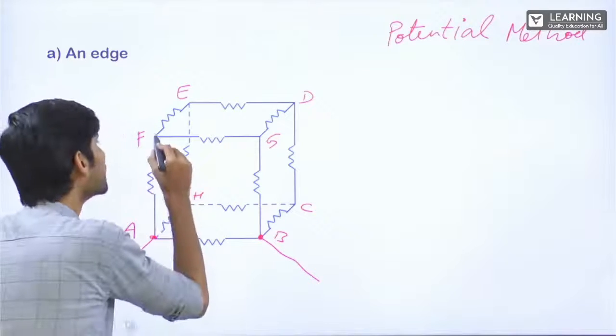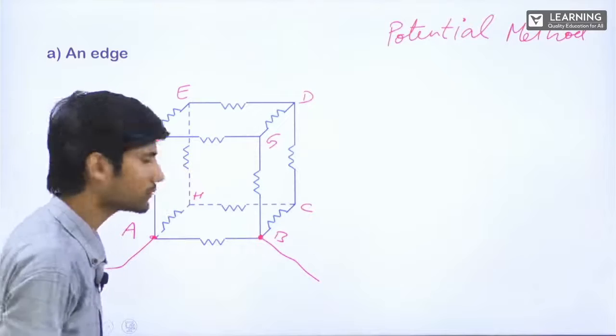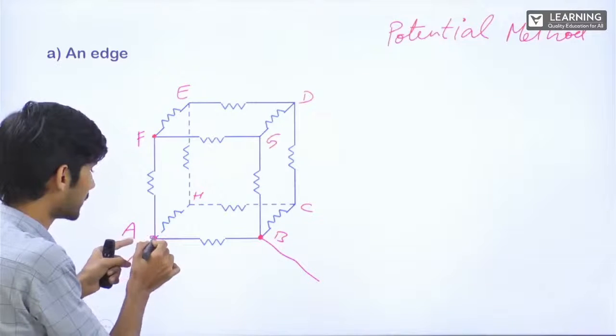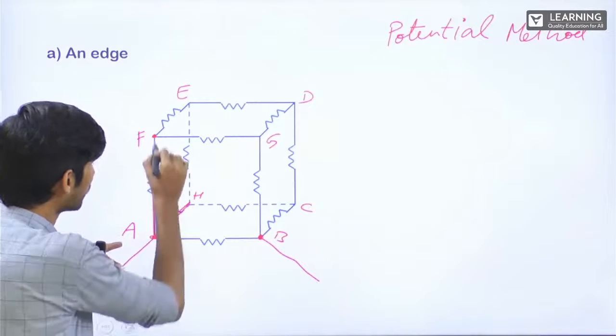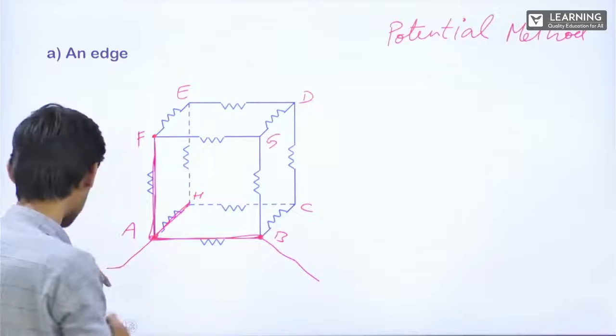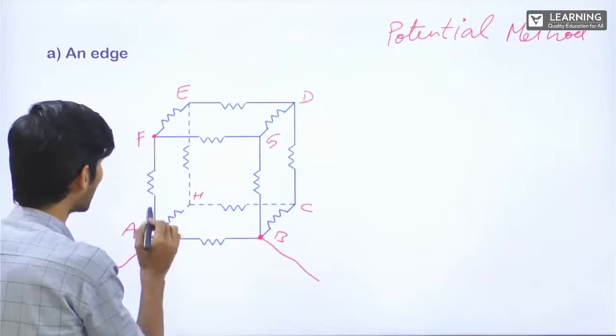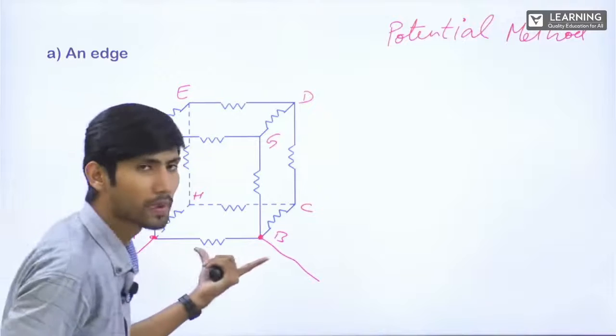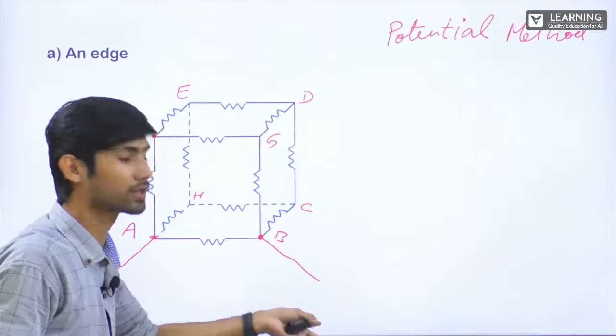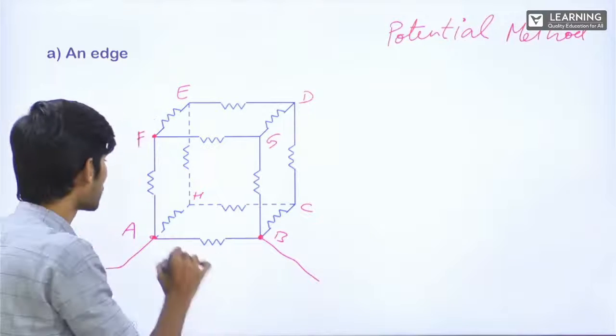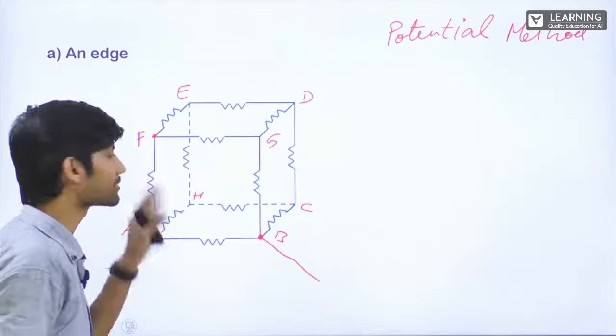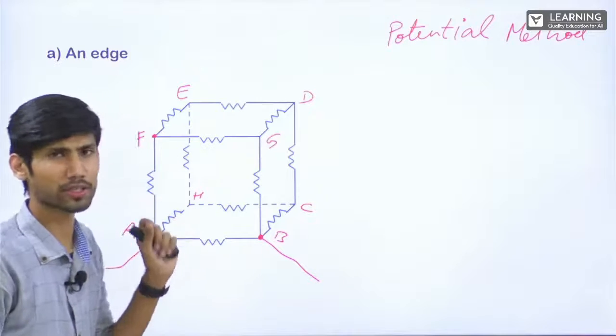For example, let's say I'm standing here. From here I have three roads. I can go here, here, or here. I cannot go to B because that is anyway a terminal. So these two are the ones. I went to F. I'm standing here, and now I'm measuring the distance.